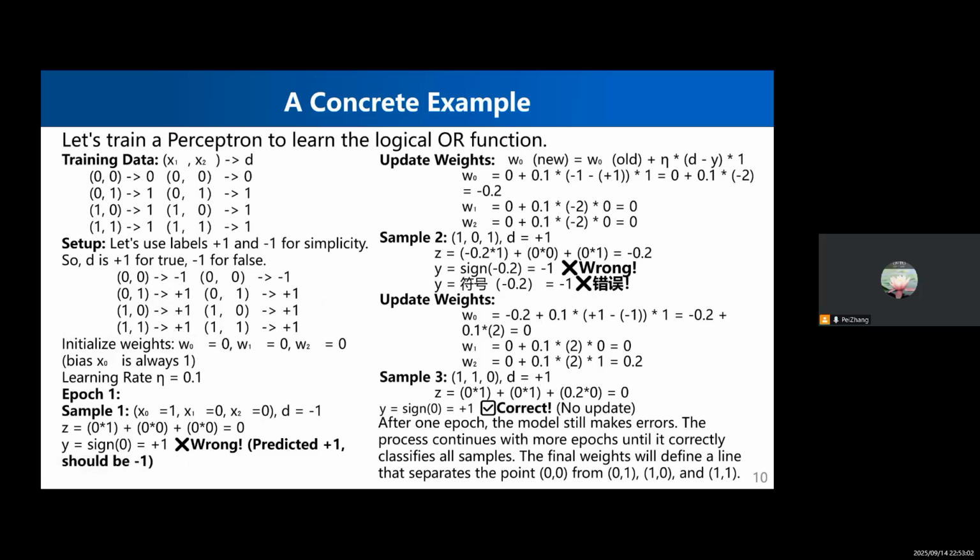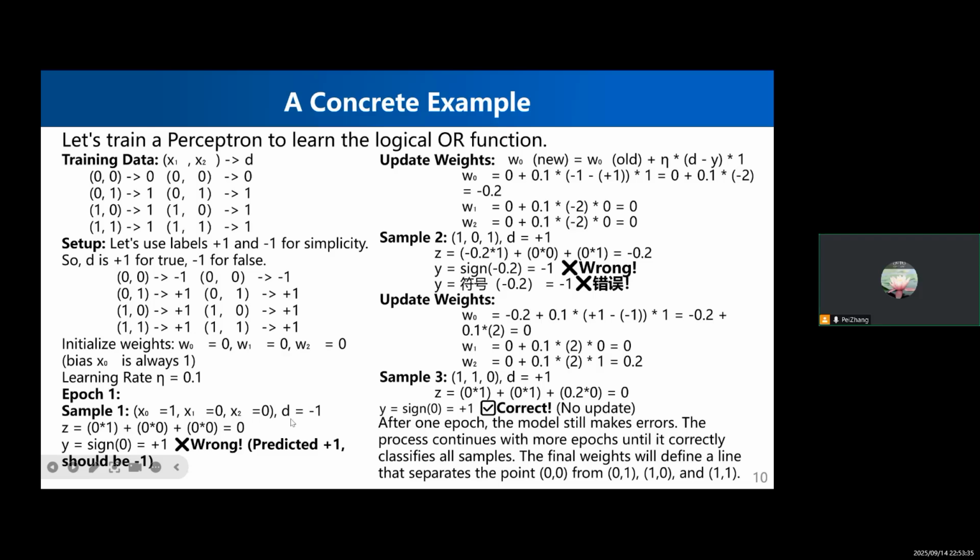Let's initialize the weights: W0 is 0, W1 and W2 also equal to 0, and the bias x0 is always 1. We set the learning rate eta equal to 0.1. For the first epoch, we see sample 1, which is x0 is 1, x1 is 0, x2 is 0.